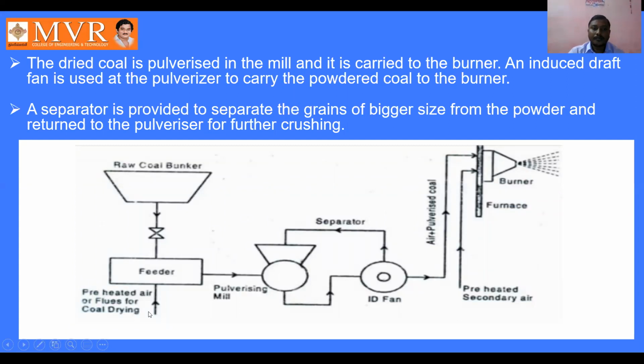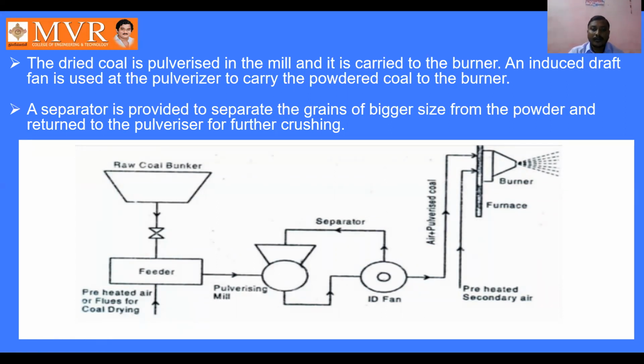From downward, preheated air or flue gases for coal drying is entered into the feeder for drying the coal which has been coming from the raw coal bunker. The feeder feeds the coal into the pulverizing mill.